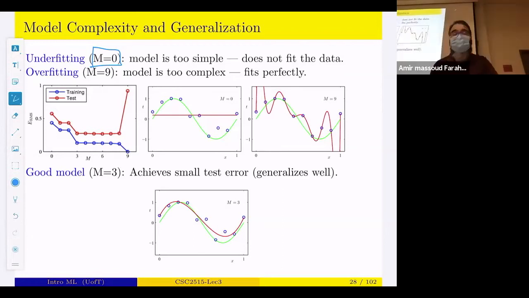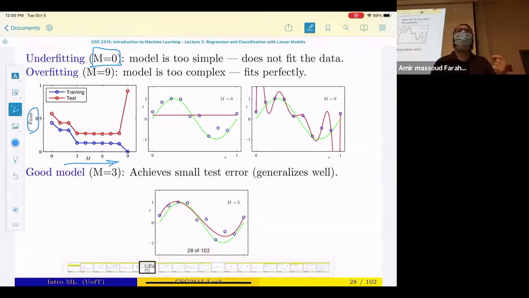And if we actually compute the error as a function of the order or complexity of the model, as a function of m, this is similar to what we had before in the KNN case, where we changed the k and saw how the training error and the testing or validation error were changing.